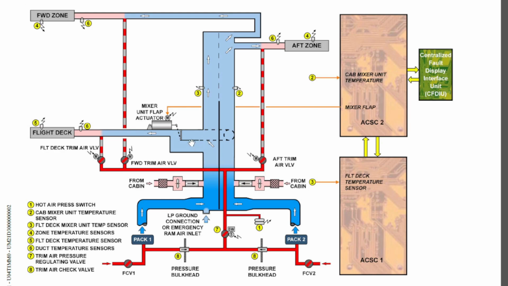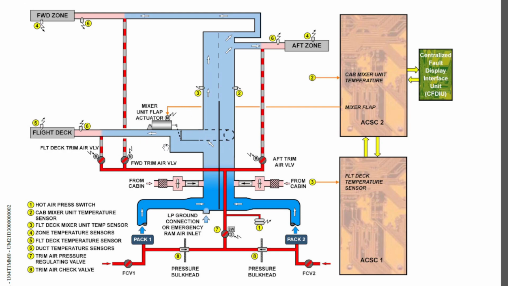To ensure that, they have installed this specially designed duct. So what will happen is, in case pack 1 is selected off or faulty, in other words it's not working, and you don't have supply from pack 1 into this part, the pack 2 air will come into the mixer unit and enter this duct, and when this flap is open, the pack 2 air will supply the flight deck duct.